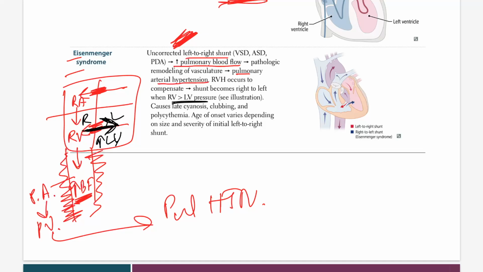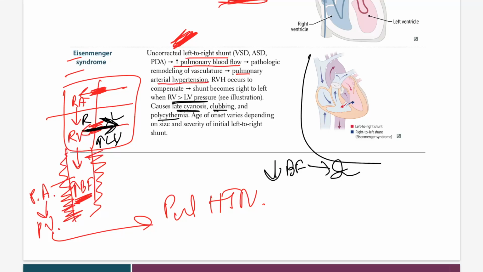See the illustration, or you can see it here if you want. Causes late cyanosis, clubbing, polycythemia. Okay, all of them are causing late cyanosis. Late cyanosis meaning later in life you can have cyanosis. Clubbing is there, and there are other factors that can cause clubbing. Polycythemia, because now you have a low blood flow, right?